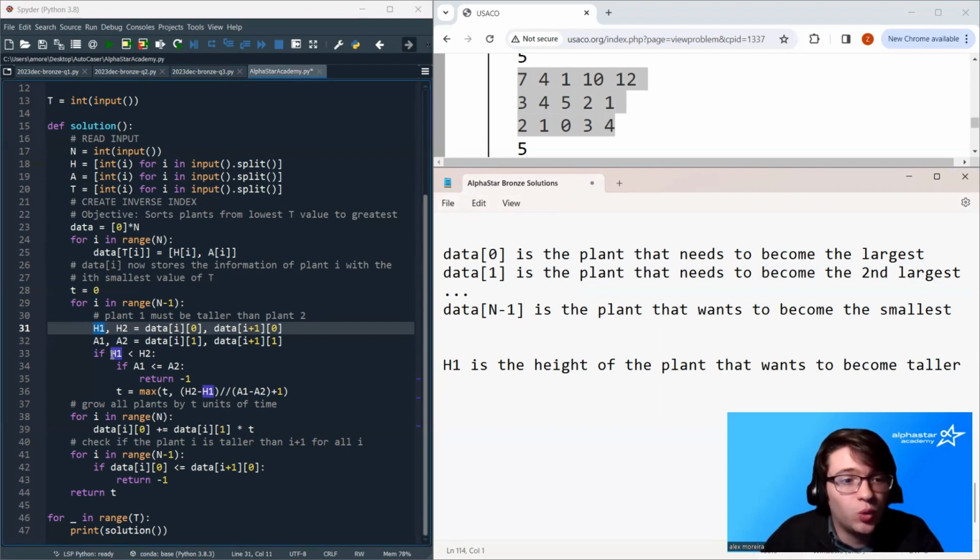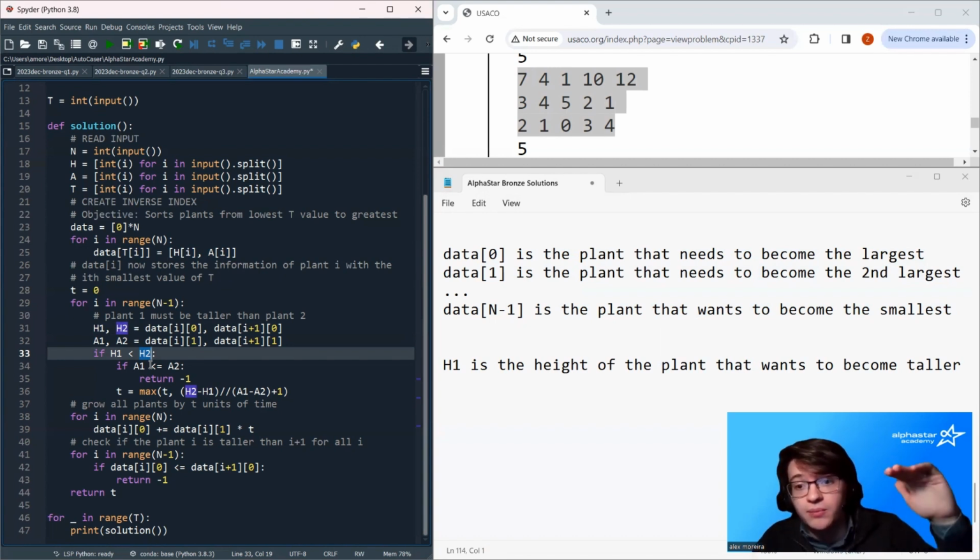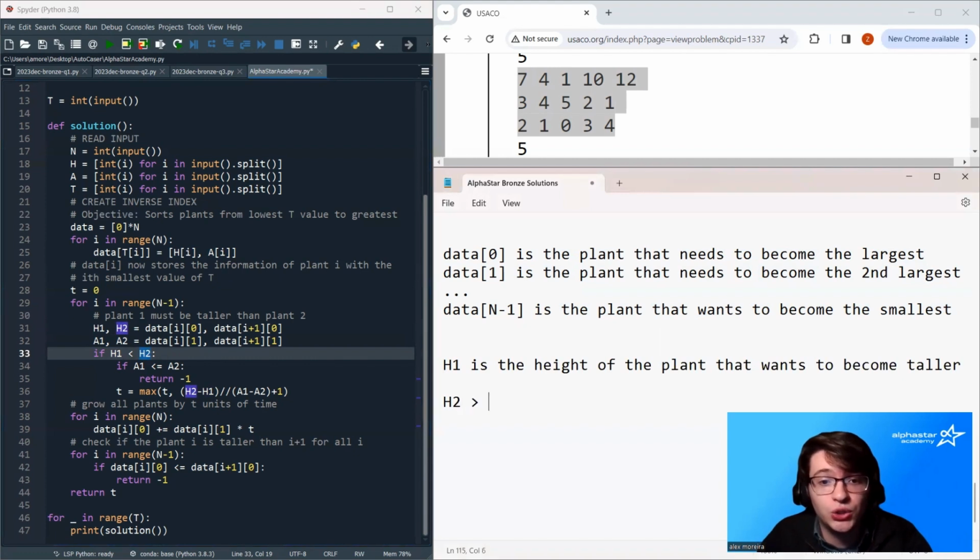So if h1 is smaller than h2, that means some amount of time is going to have to pass in order for h2 to become lower than h1. So the goal is to eventually have it so that h2 is less than h1. So this is our goal.